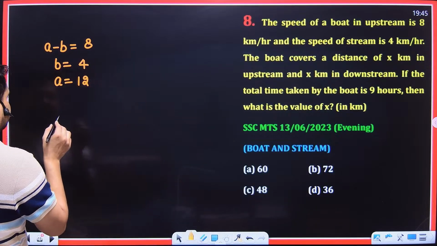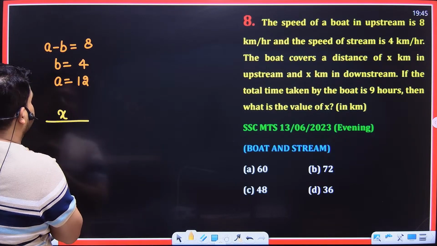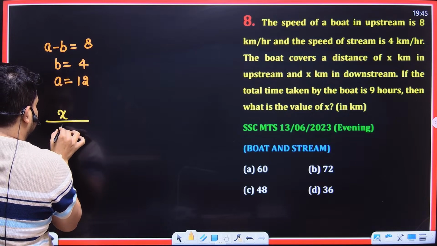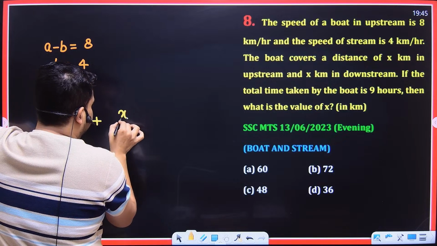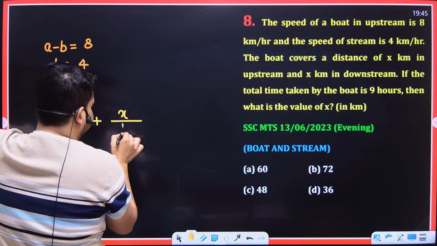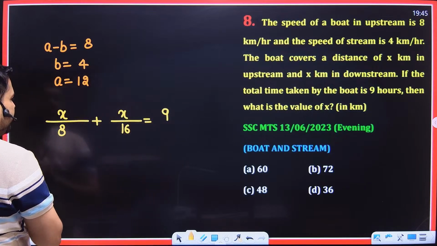See, if a person is traveling a distance x kilometer upstream, then its speed is A minus B, that is 8. If the same person is going downstream, x upon A plus B, that is 16. He takes a total of 9 hours. 16 plus 8 is 24.